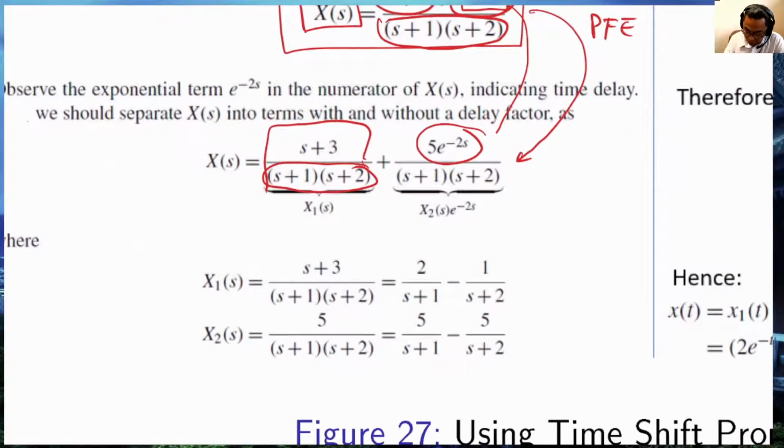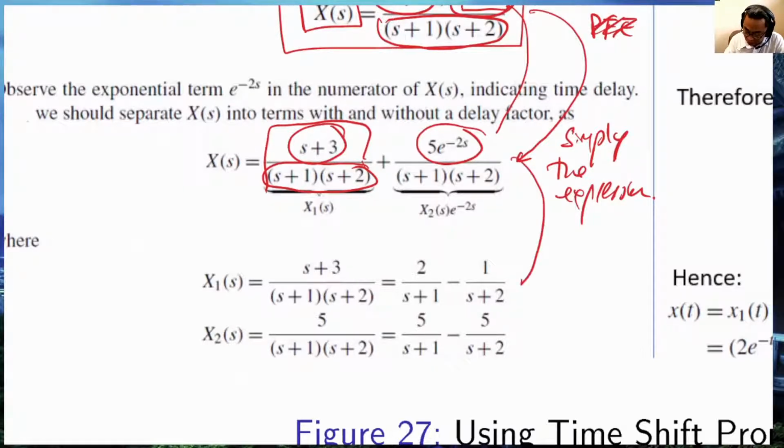Now we perform, well, this is not partial fraction expansion, this is just to simplify the expression and bring the numerator into this form.